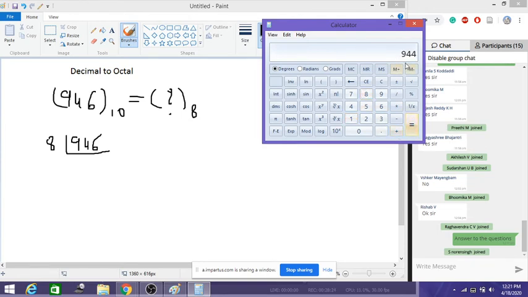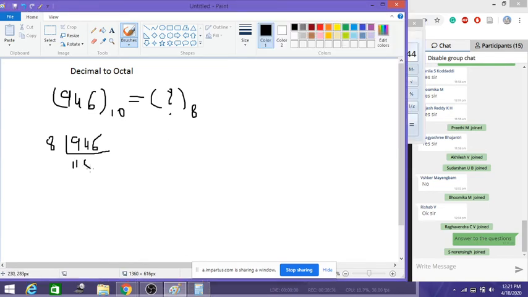We'll get somewhere closer to this number. So we have to just do a trial method and find out. If I use 118, we'll reach somewhere near 944. So 944 we'll reach, and the difference is 2. So we'll write the difference as 2.